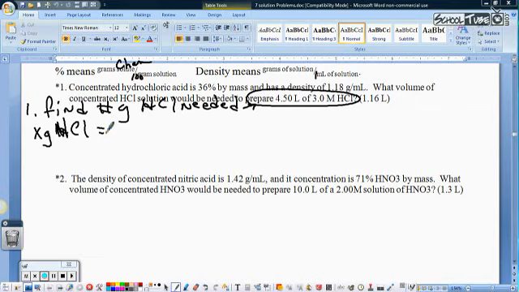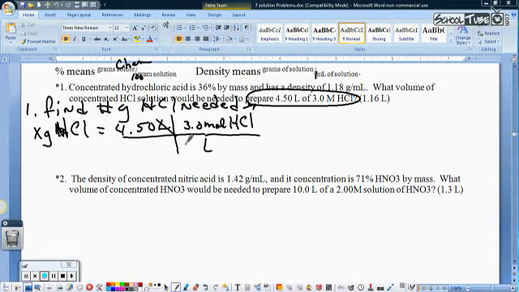So X grams of HCl, I'm going to start with 4.50 liters, and I have 3.0 moles of HCl per liter of solution. So liters cancels, and now we know how to change moles to grams, 1 mole to 36.45 grams of HCl.